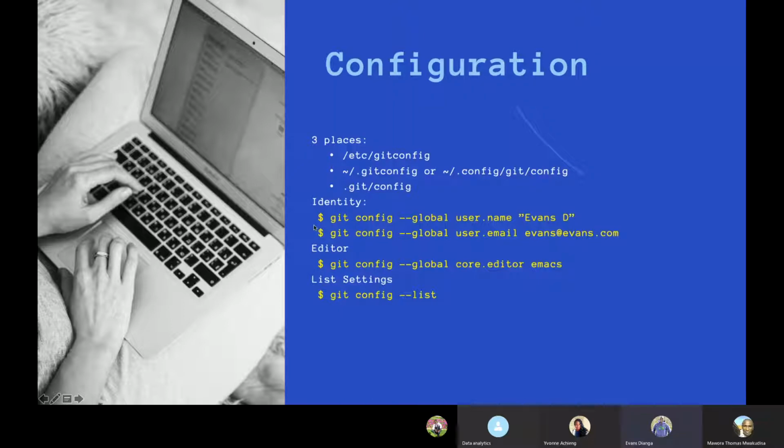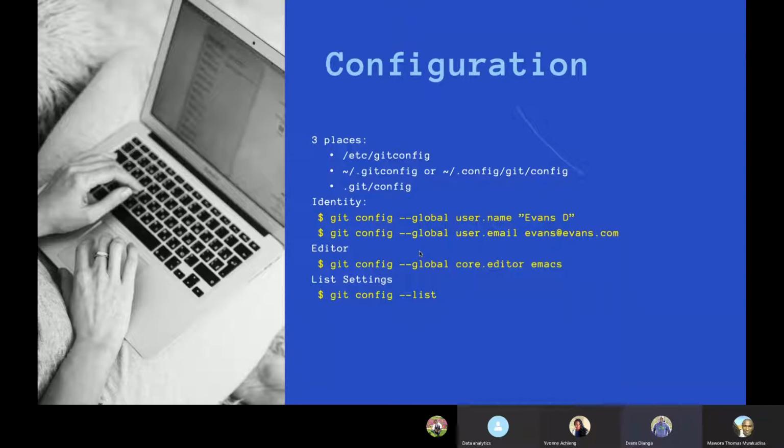Okay. So, the next thing is, how do you set your identity? Once you've installed Git, the next thing you'll do is run these commands, git config --global. This will affect the global configuration. And then user.name, user.email, and then you've probably encountered the Vim versus Emacs debate.